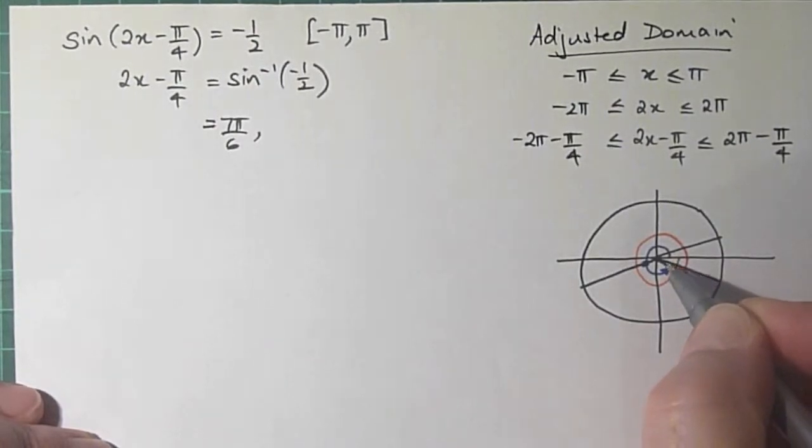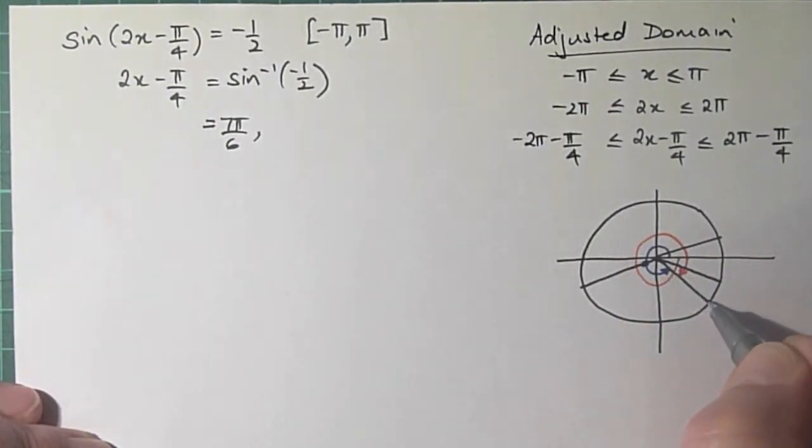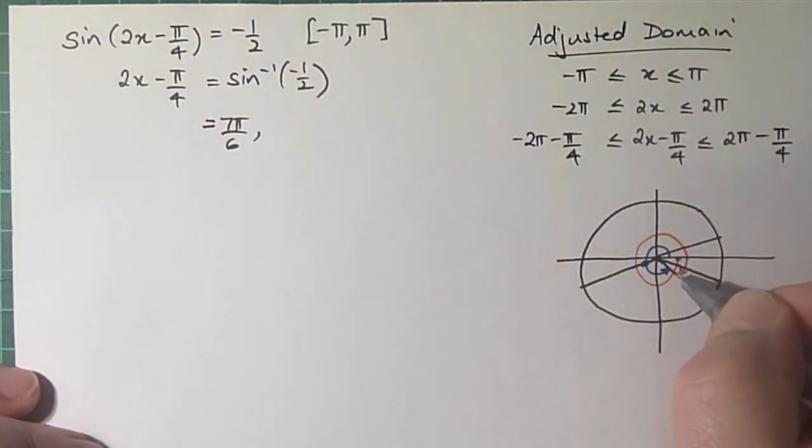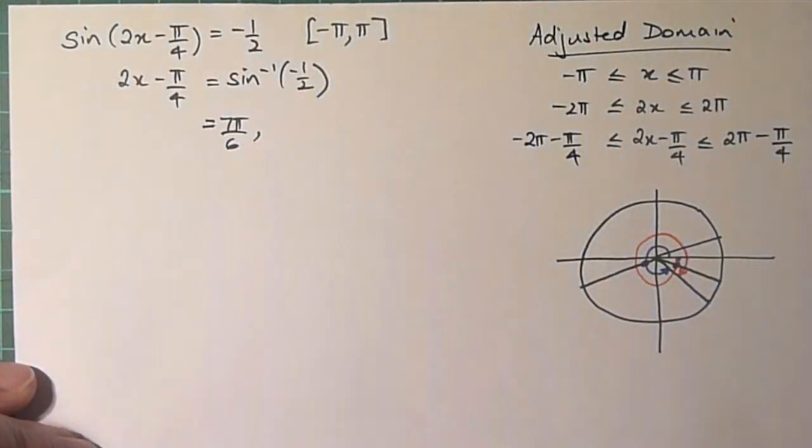We keep going, we get to our adjusted domain, and we can go no further. So really in the positive direction there's only the one solution. Let's go negative. So we're going from 0 all the way to minus 2 pi minus pi on 4. We go around and we get this first solution, and that first solution is just negative pi on 6.